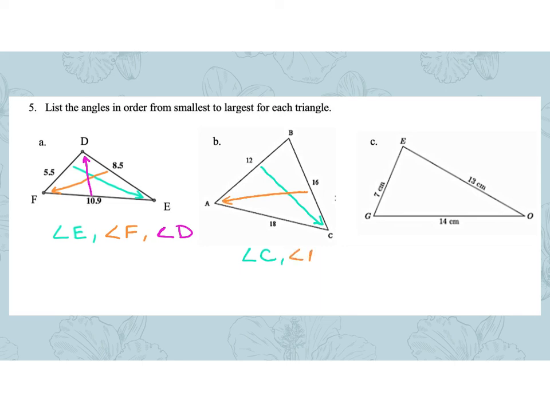Angle A is our middle angle. And last, I want to find the longest side, 18, or side AC, and draw an arrow across to the opposite angle. Angle B is our largest angle.